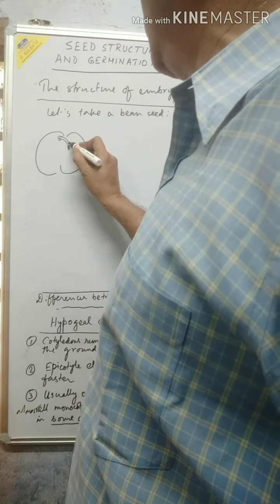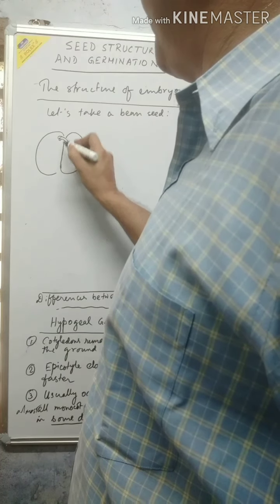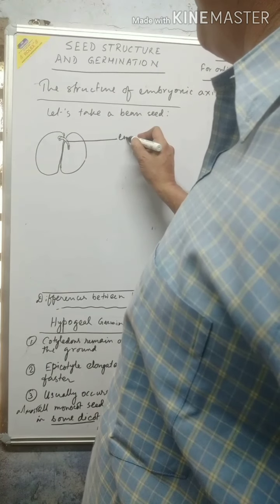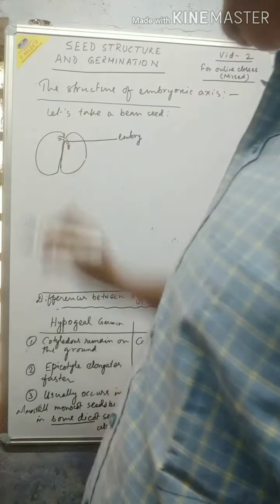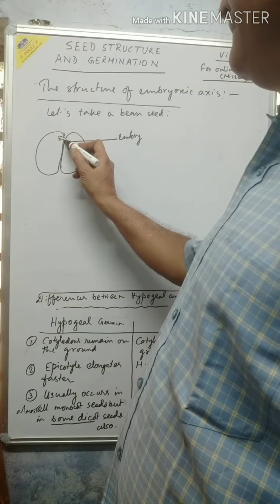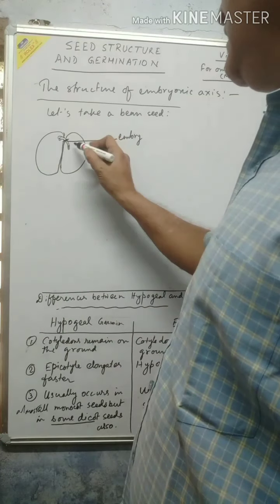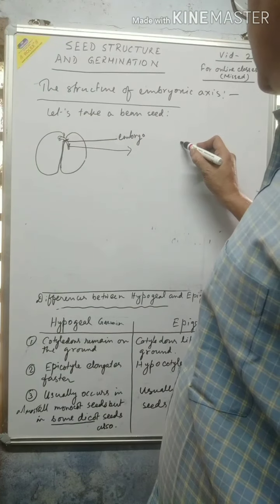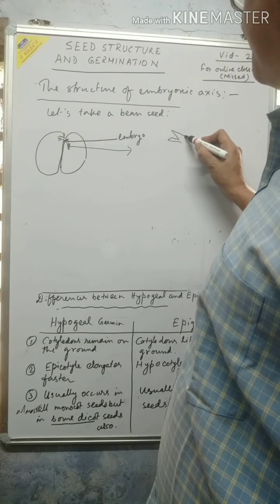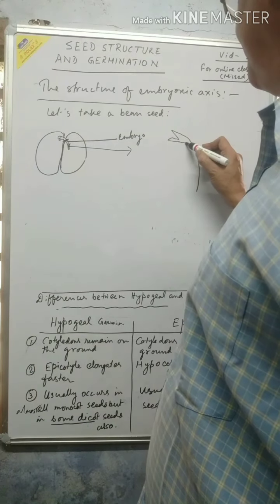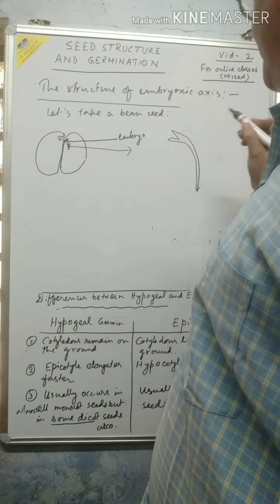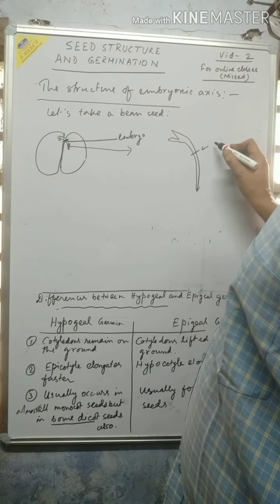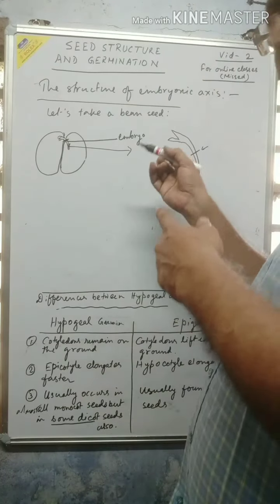This way a small embryo is visible, which is attached with the cotyledon over here. If I take this embryo outside, then it looks like this. And there is a point where it is attached with the cotyledons.